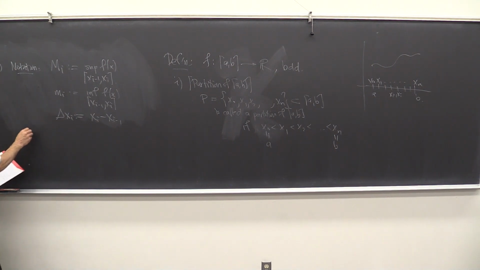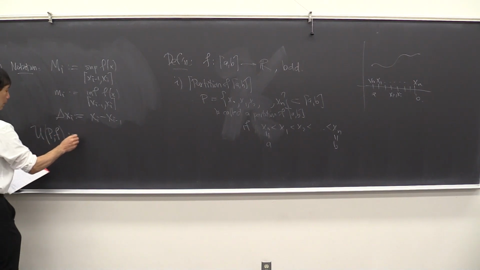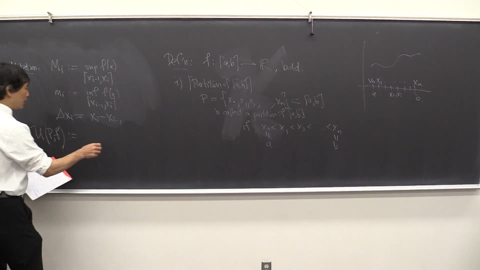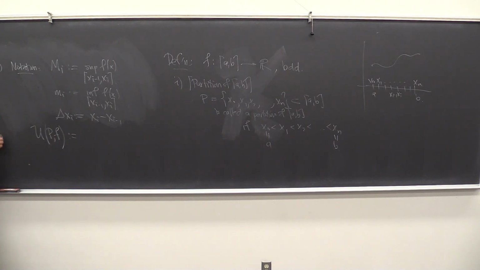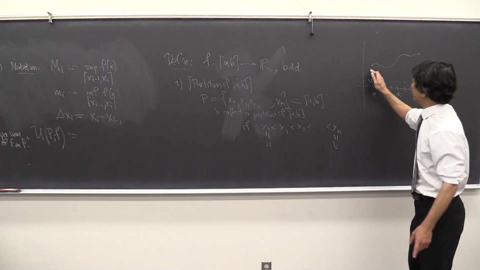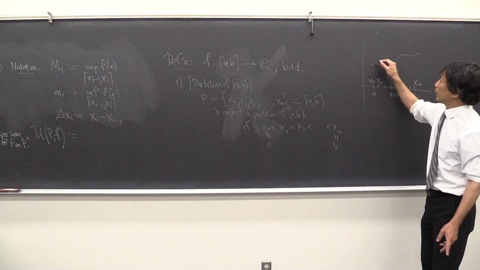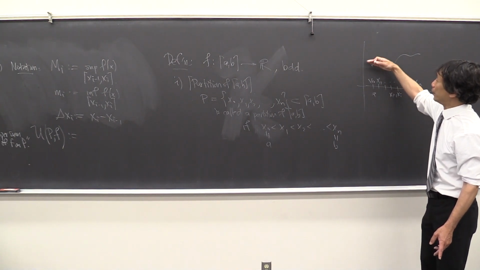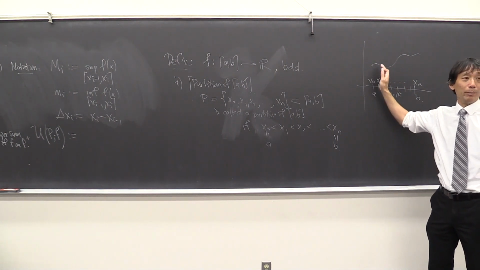And then we define this thing U(P, f), which is called the upper sum of f on P. All that means is that you take the maximum value on each interval and multiply it by the width of the base.